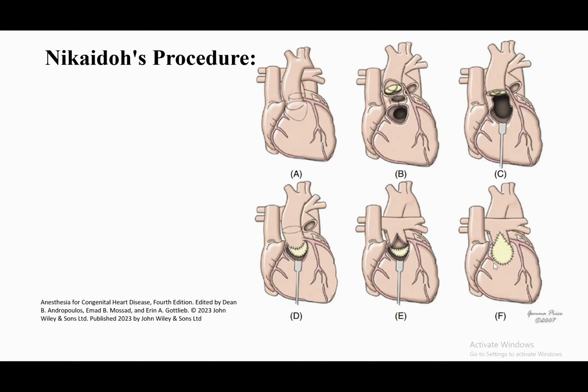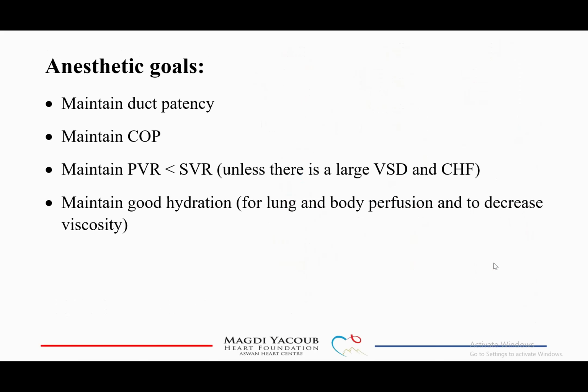It can be surgically addressed by putting a homograft or a freestyle, or otherwise transcatheter pulmonary valve implantation can be done. Anesthetic goals, the same as we have said before.